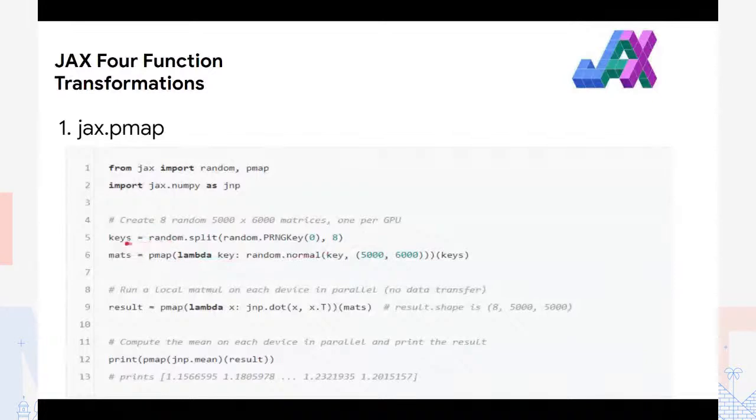So the first thing, we're creating this key here. We're using random split, which is used to generate 8 random keys, one for each device, because we have 8 devices. These keys will be used to generate random matrices on each device, on those GPUs. And now we're using this pmap function.